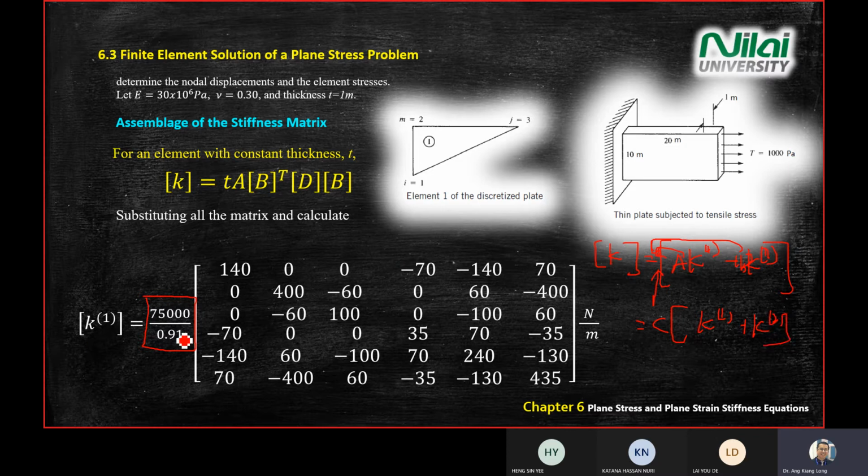This is another area of error in the exam. For the coming Wednesday test number 2, just a reminder: be careful of the constant value for each element. When you combine into the global stiffness matrix, convert them into the same factor.